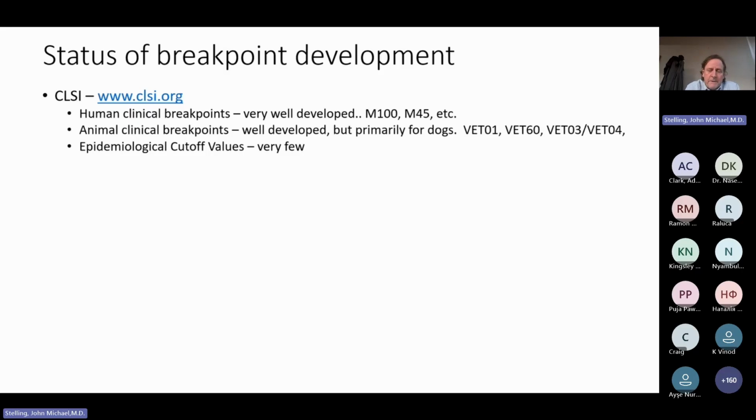They do have a couple for chicken, a couple for sheep, but on the animal side in CLSI, there are a large number of breakpoints, but it's mostly for cats and dogs. So on the food production side, we really don't have a lot of breakpoints. So many times people use the human breakpoints because they're the only breakpoints that are available, unfortunately. And CLSI does have ECOFs, ECVs, but very few, for very specific situations.